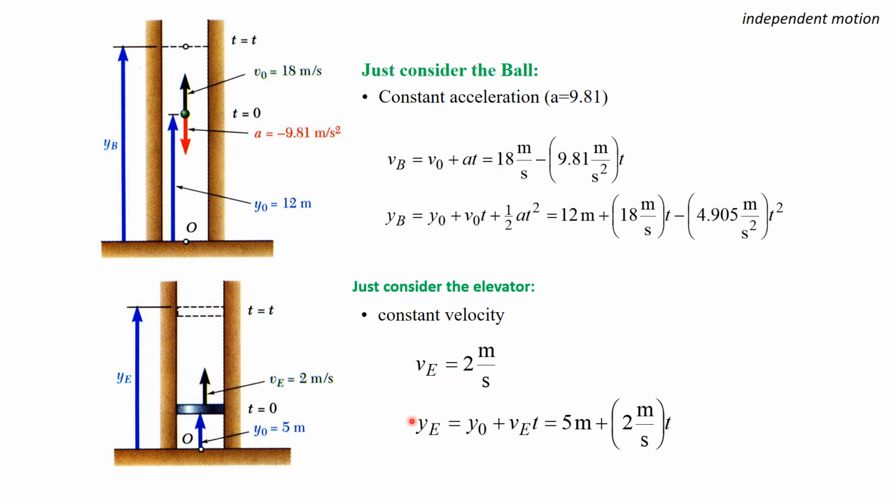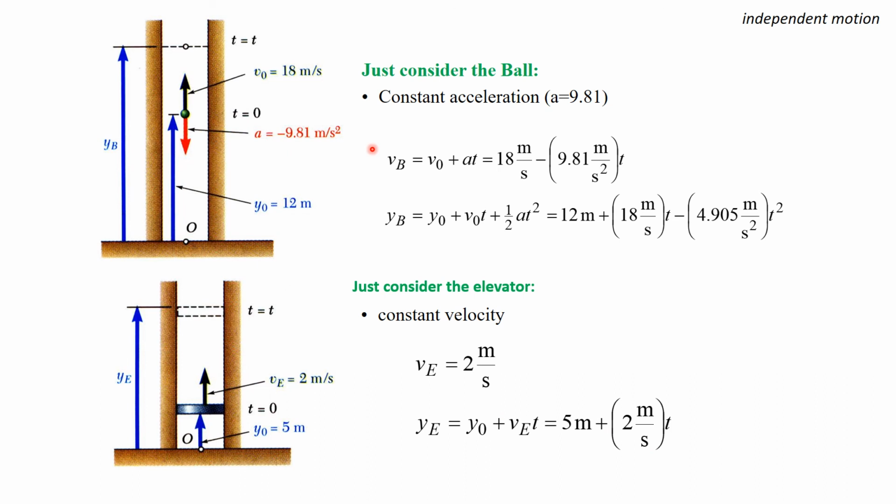The position of the elevator is the same as our constant acceleration equation, only we don't have that 1/2 AT squared. No acceleration, so we end up with just that linear chunk of it. So the position of the elevator, where it starts 5 meters up, plus velocity of the elevator, 2 meters per second times time.